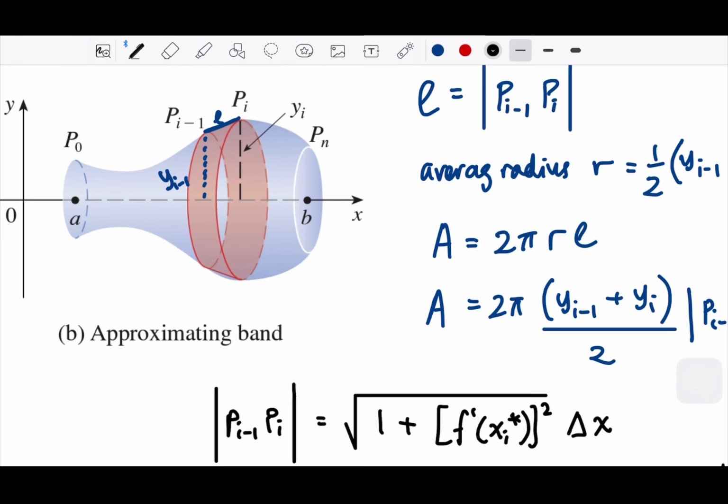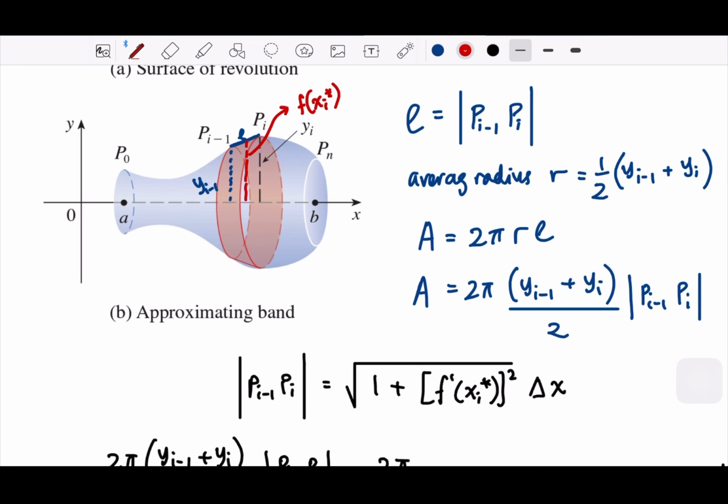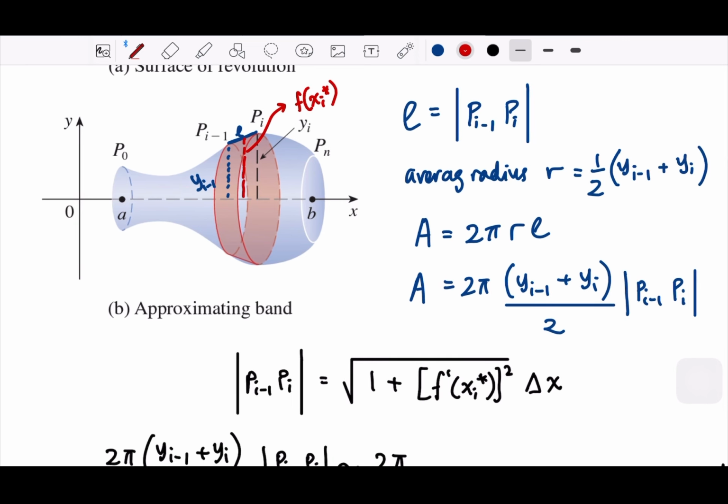So we could say this is the average one. I mean, right here, the average one is just the function. Let me write with the asterisk to make sure that it is a sample point.